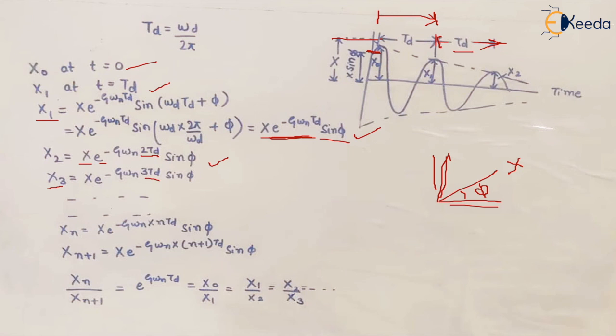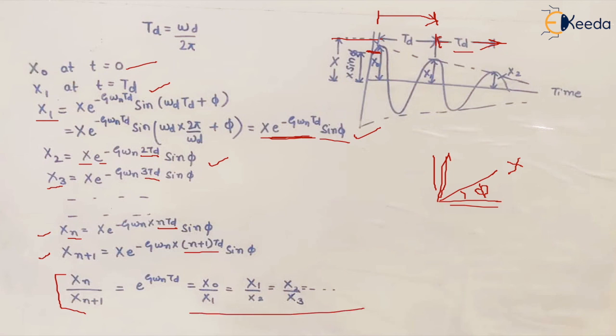Because we do not know how many oscillations will take place, let's assume xn or xn plus 1 oscillations take place. What exactly happens? Only the time changes. For n oscillations it will be n td, for n plus 1 it will be n plus 1 td. So to find the ratio of two successive oscillations, it will be xn upon xn plus 1, equal to e raised to the power xi omega n td.